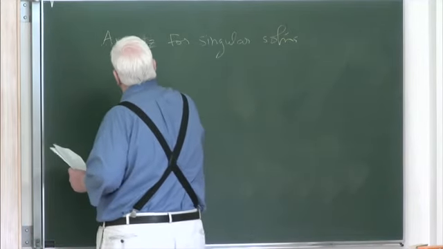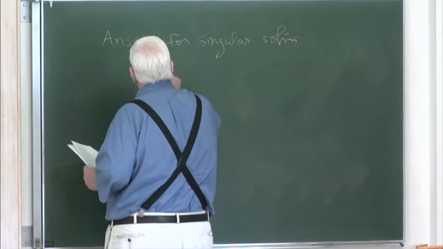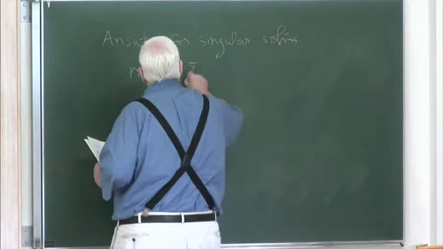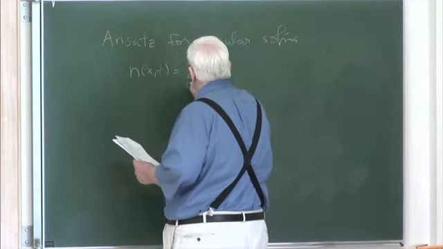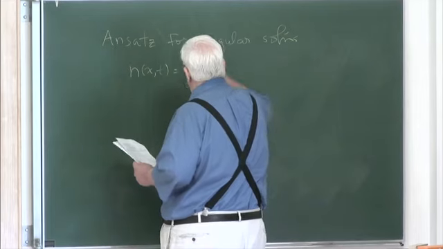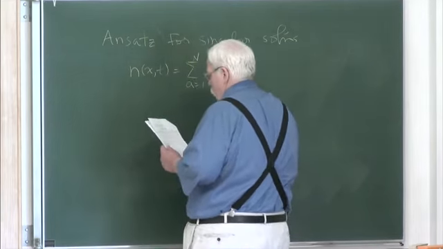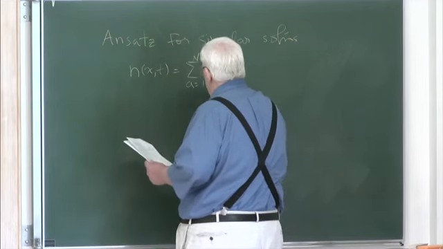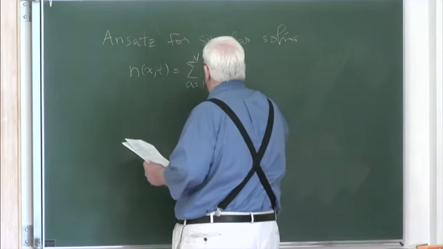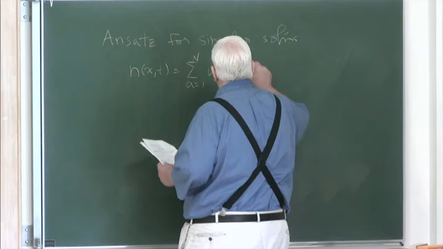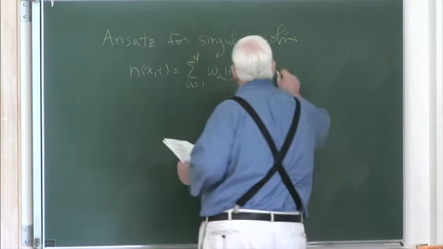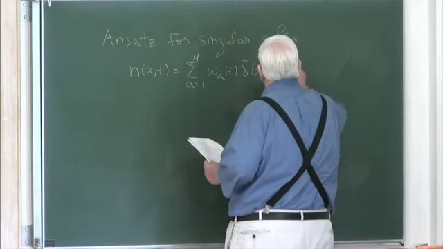So you let n of x and t be equal to a sum from a equals 1 to n of some weights. Let's do it in one dimension. w_a of t delta of x minus q_a of t.